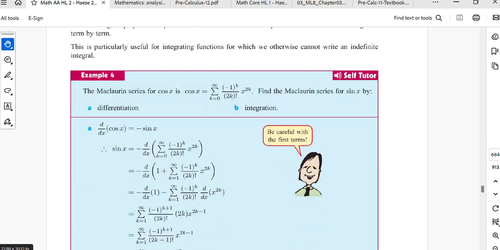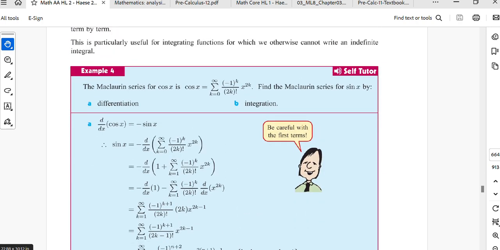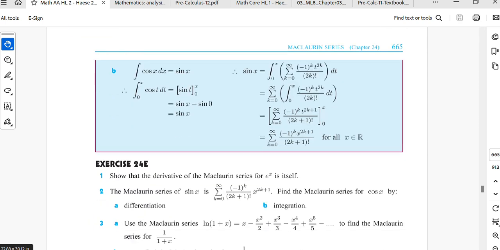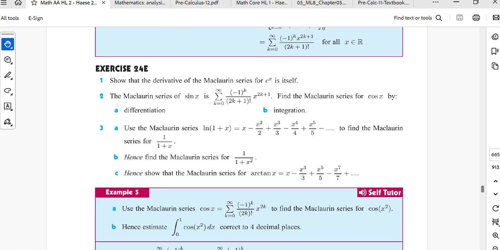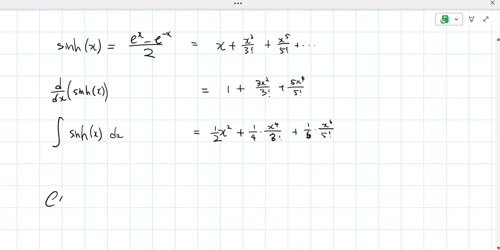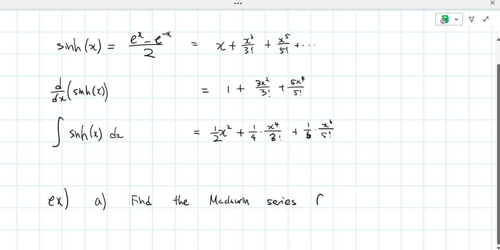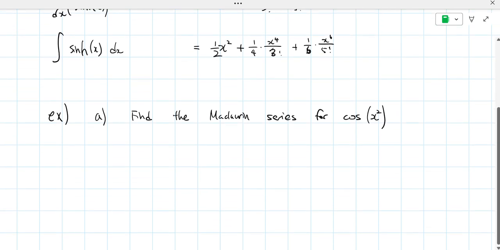Why don't we look at an example that is impossible to do without it. Here. I want you to try this yourself. Part A. Find the Maclaurin series for cosine of x squared. This is a lot simpler than the cosine of x to the power of a half. Promise.